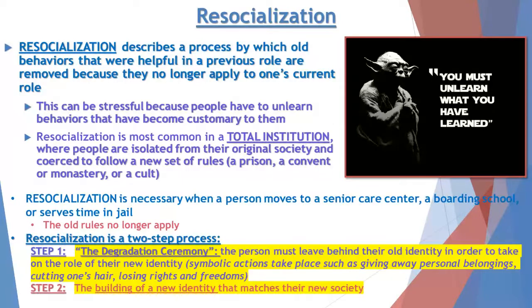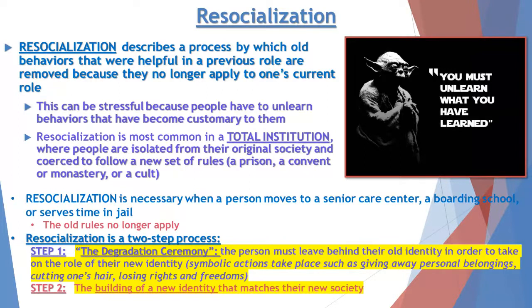And these can be very stressful because people have to unlearn behaviors that have become customary to them. You have to undo everything that you've learned, all those things that we've been socialized into by our families, by religions, by our peer groups, by school. You have to unlearn all of those things so that you can now fit into this new society. So we most often see resocialization happen in a total institution.